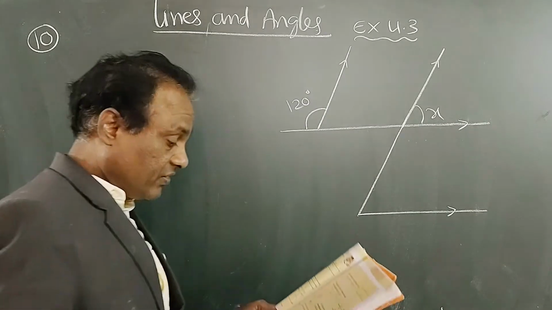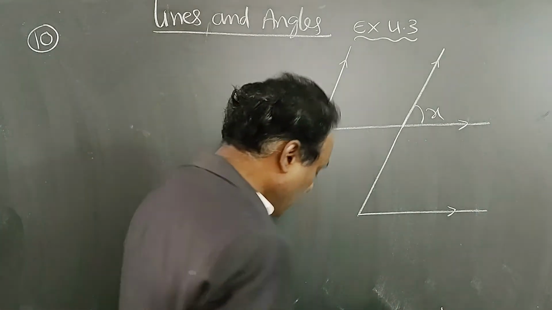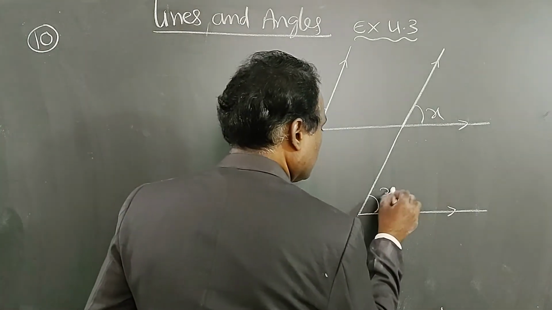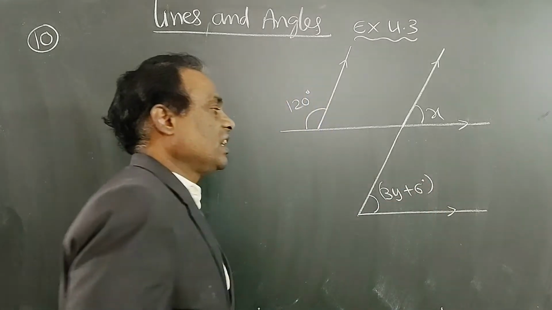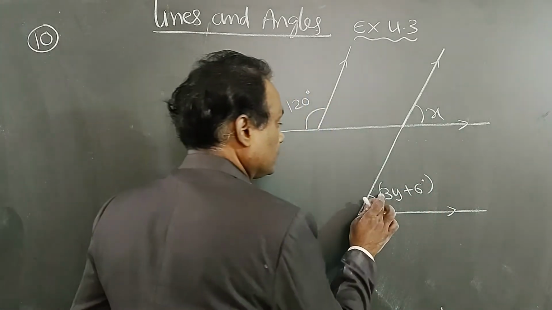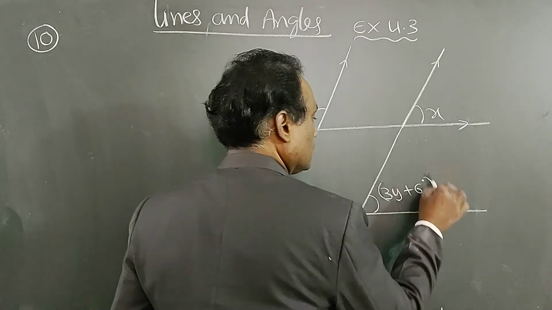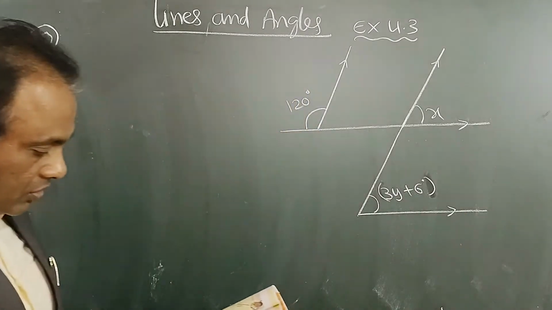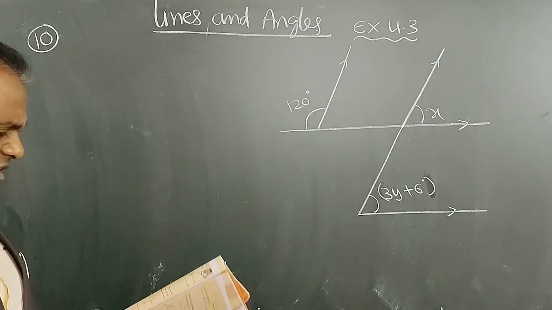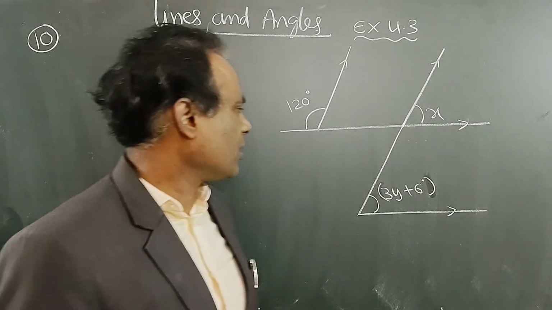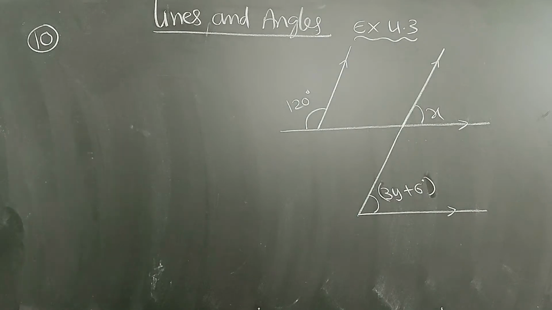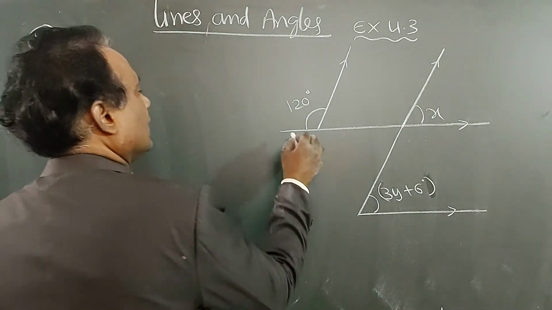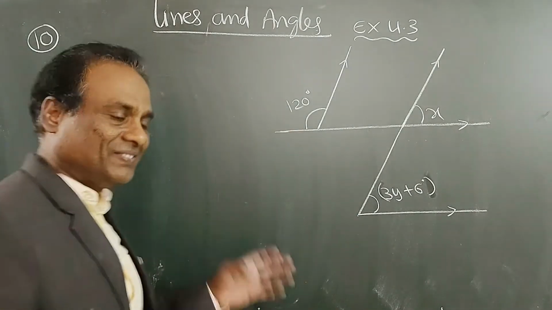These two are parallel, with the symbol for parallel. 3y plus 6. So this is the data, students. Find x and y from this diagram.